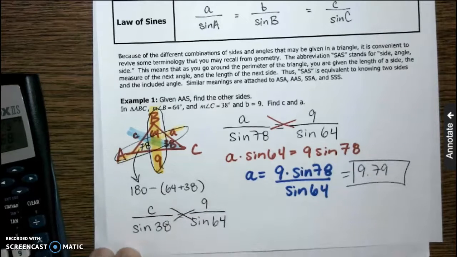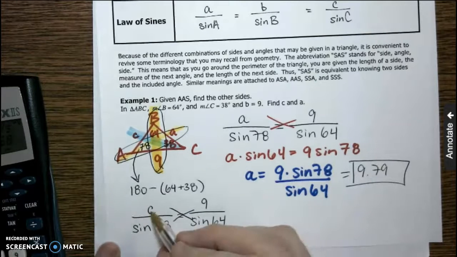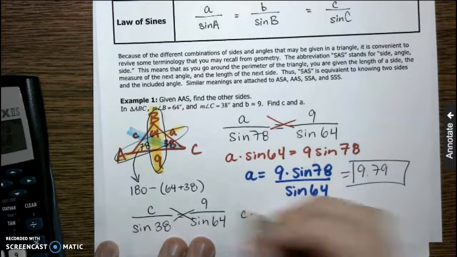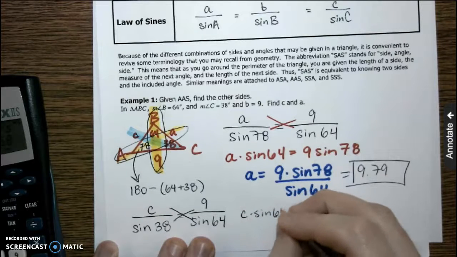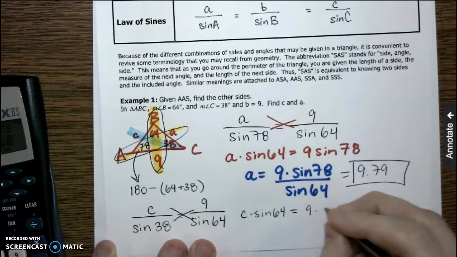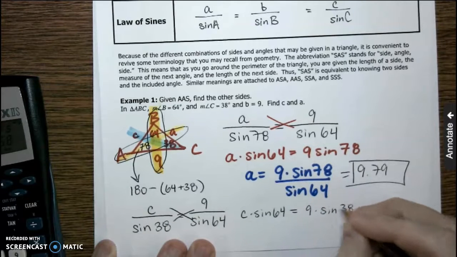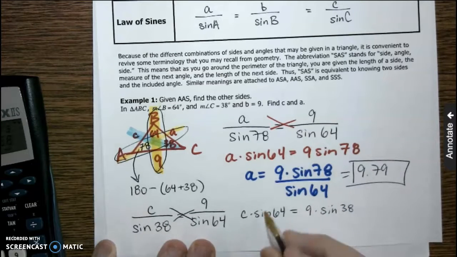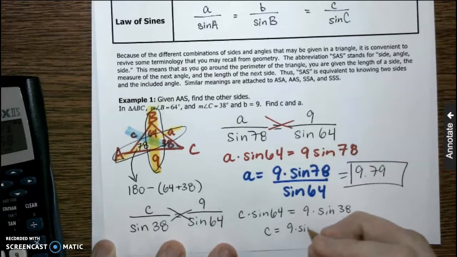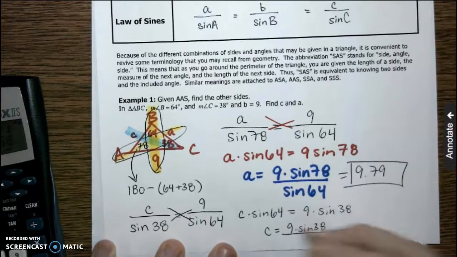Cross multiply again. So you're going to have C times the sine of 64 equals 9 times its diagonal, sine 38. Then we're going to divide both sides by sine 64, which gives me 9 times sine 38 on top, divided by sine 64 in the denominator.